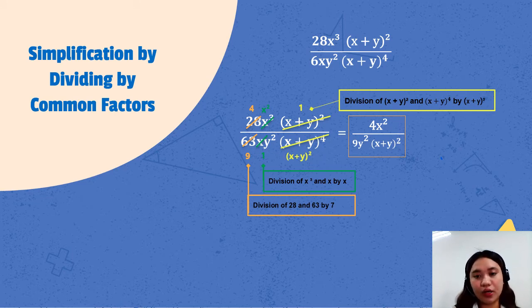So the final answer is, in our numerator, the remaining coefficient and variables are 4x raised to 2. And in the denominator, we have 9, y squared, and (x plus y) squared.